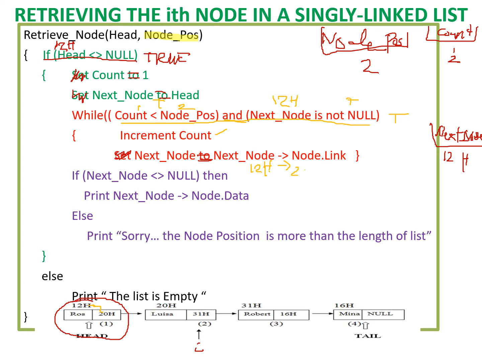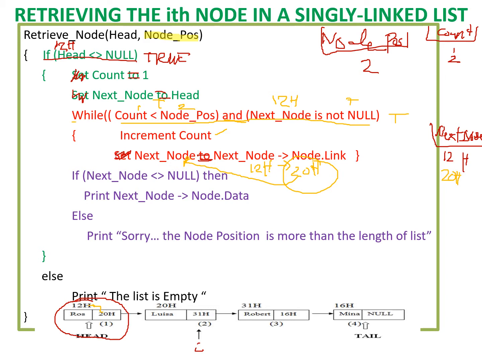So 20H will be assigned to next node. So next node will be 20H.